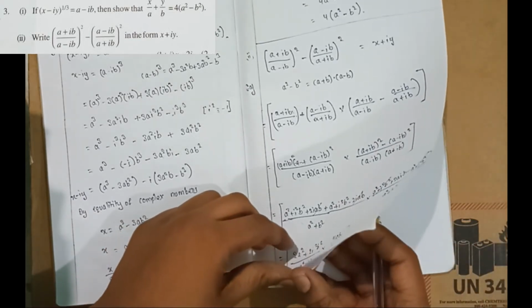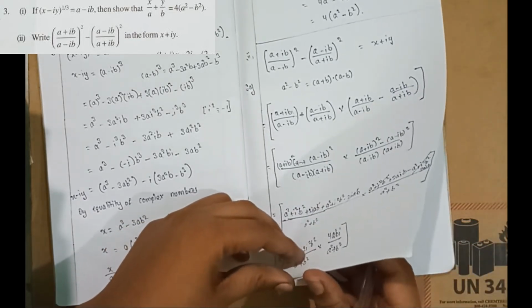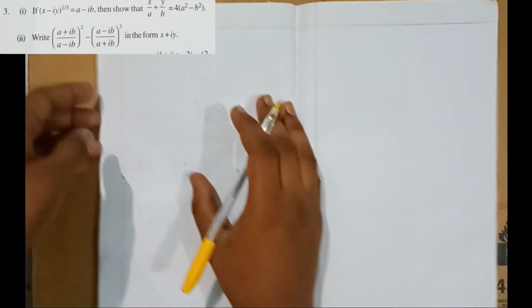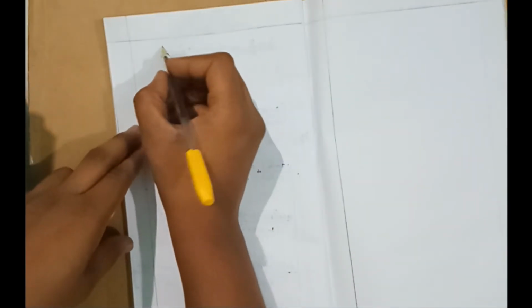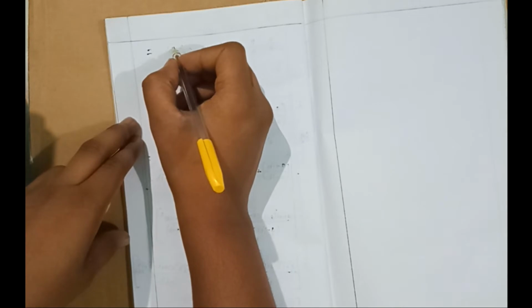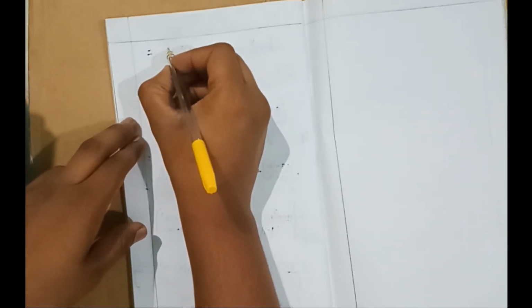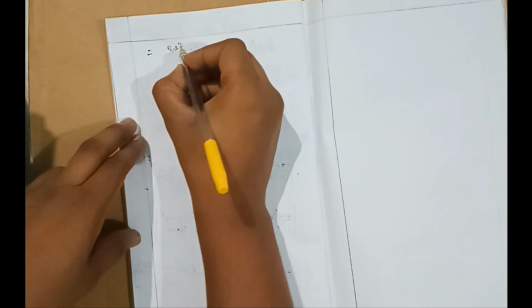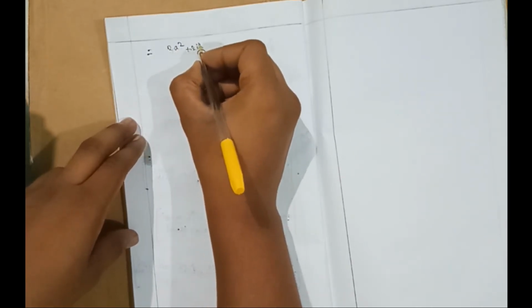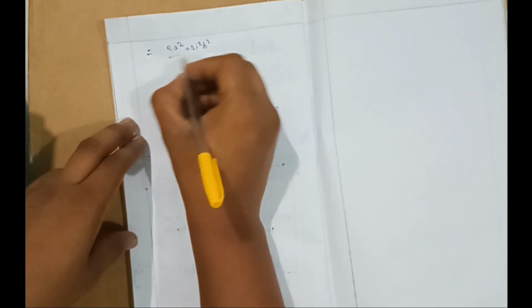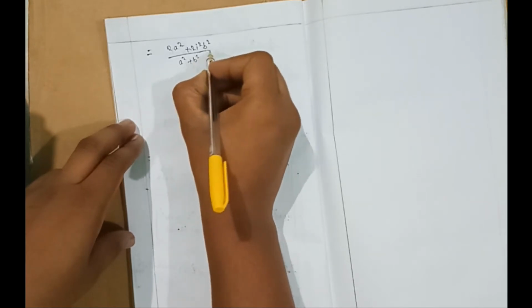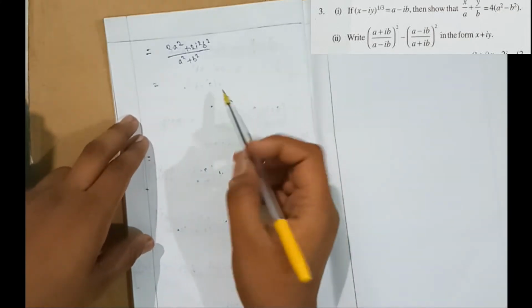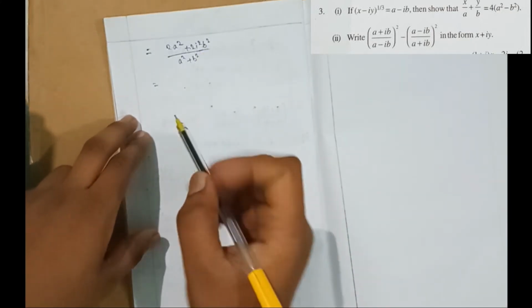Now we will turn these two equations into one. So 2a square plus 2i square b square by a square plus b square. So now we have to take 2 common from this equation.